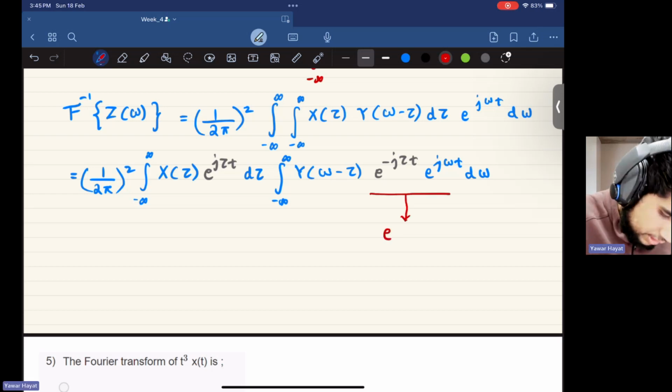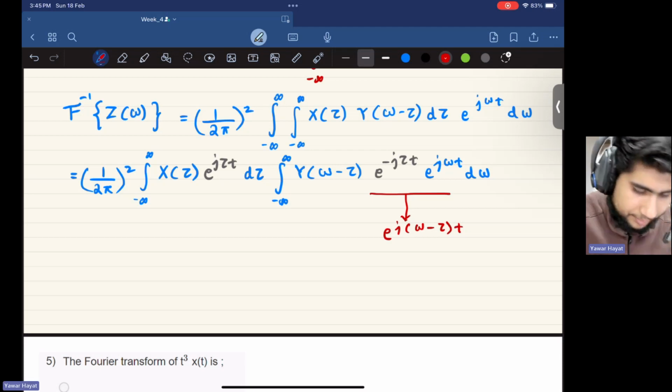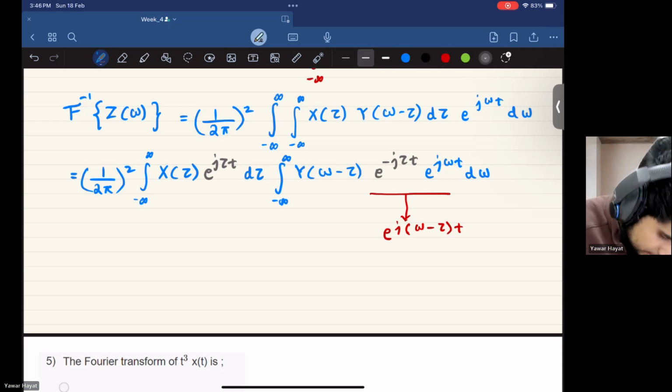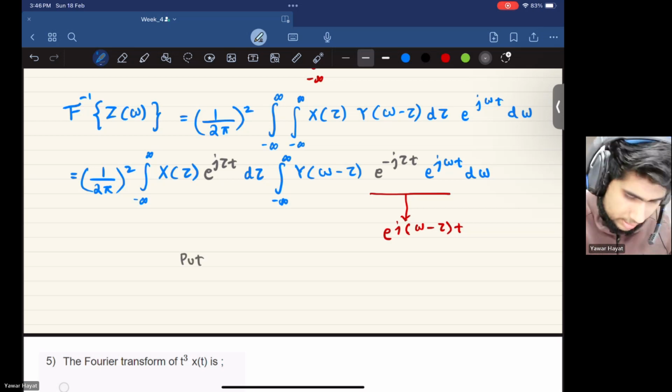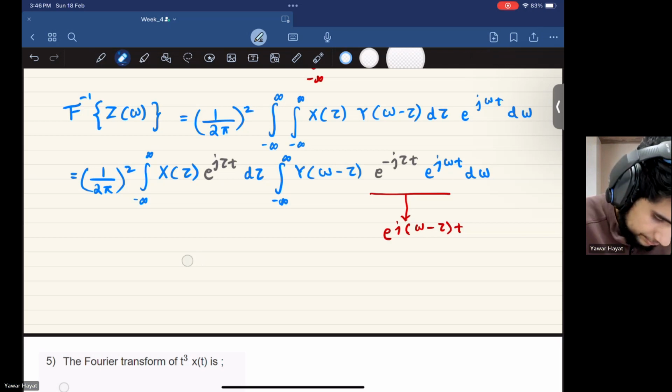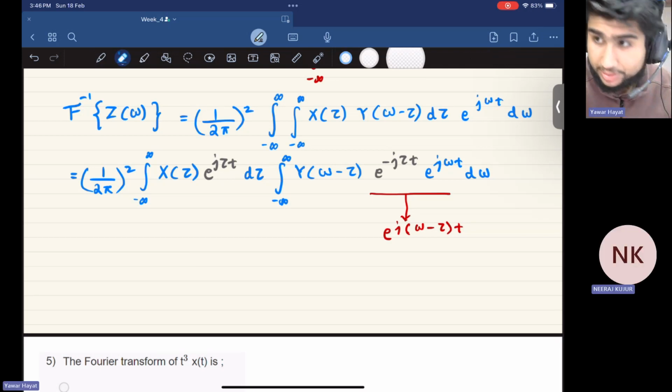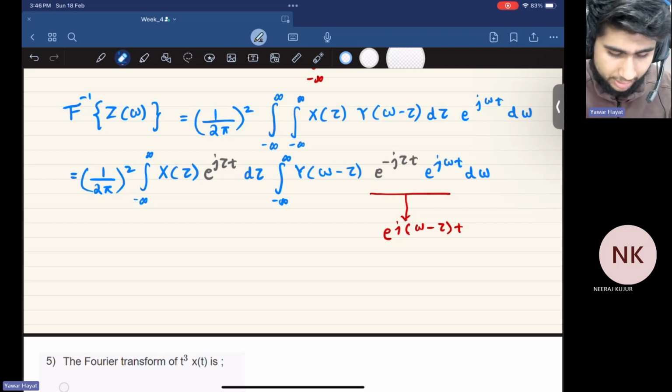This is e to the power j omega minus tau t, right? And what I'll do is I'll then put, let me do one thing. See, this is equal to e to the power j omega minus tau t.